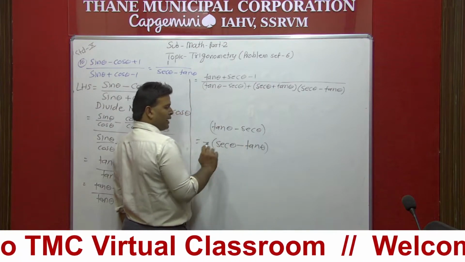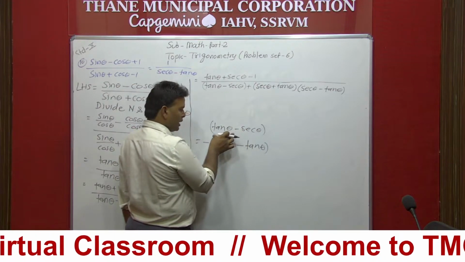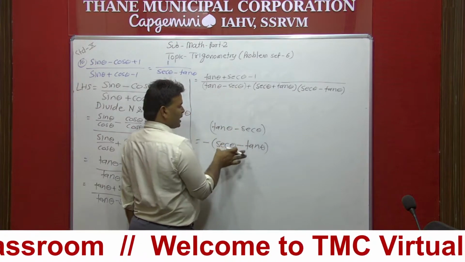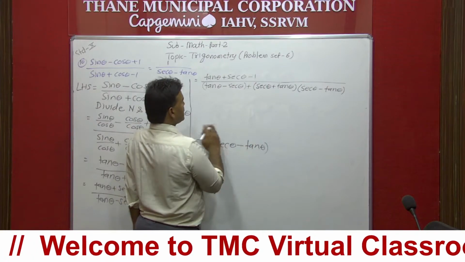Minus common लेने पे फिर क्या होगा? इनके साइन चेंज होते हैं. मैंने पॉजिटिव वाले को पहले लिखा, नेगेटिव वाले को बाद में लिखा. Now here I can, instead of this, write down this. So what I am going to write down in the next step? Pay attention here.